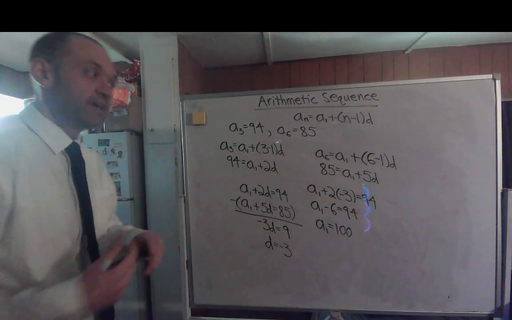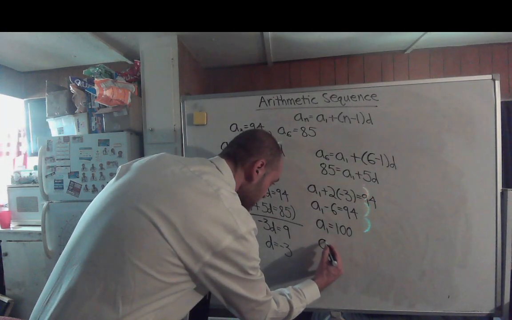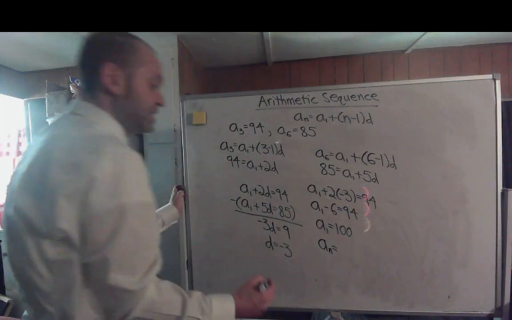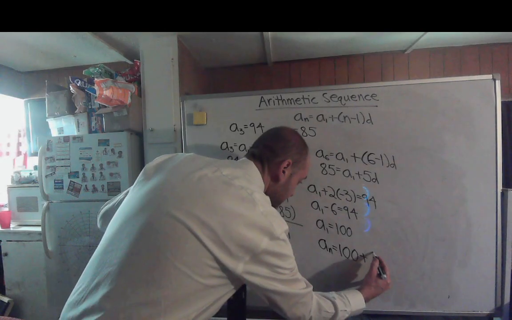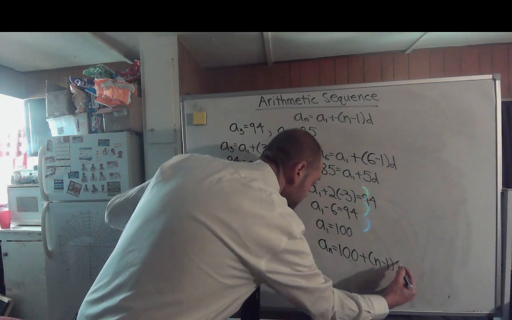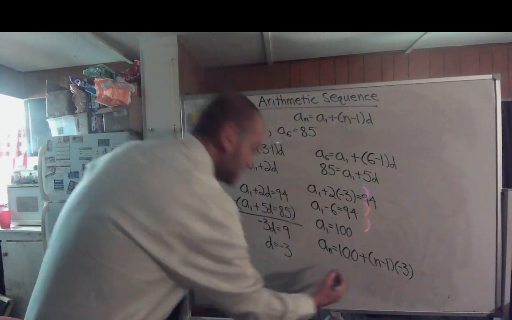And then we can find the general formula for the nth term of the sequence. So a sub n is going to equal my a sub 1, which is 100, plus that n minus 1 times my common difference of negative 3. Let's simplify this.